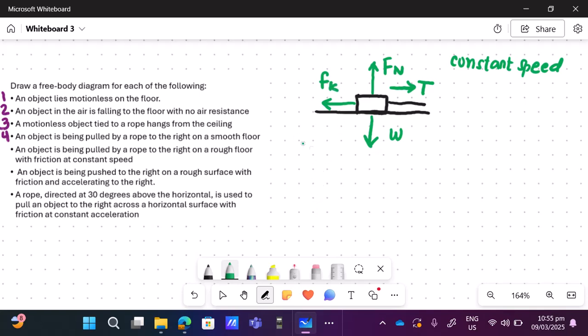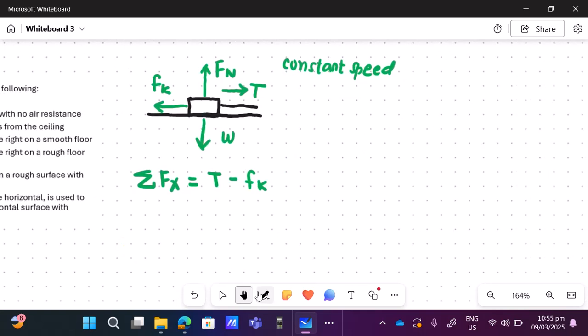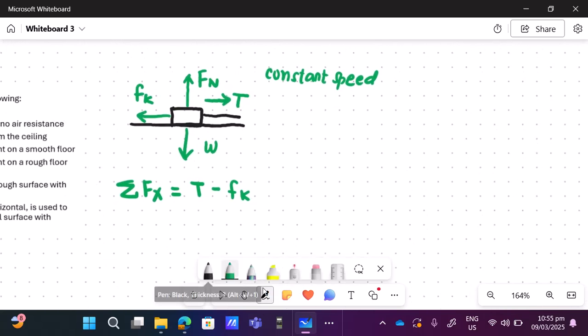Now let's try to get the net forces. So summation of force along the horizontal is equal to the force due to tension minus the force of kinetic friction. And then let's get the net force along the vertical.